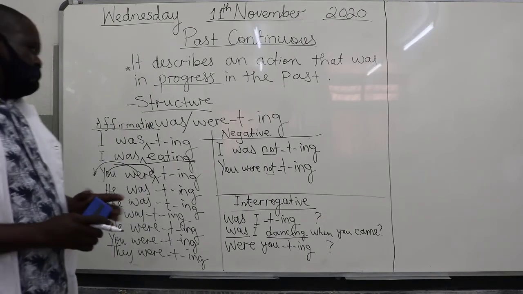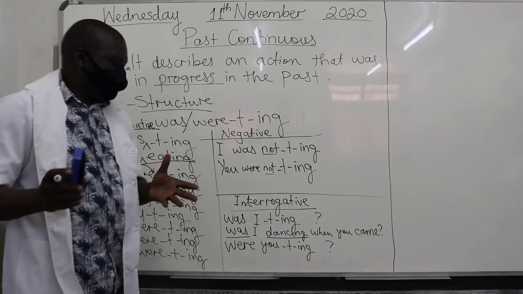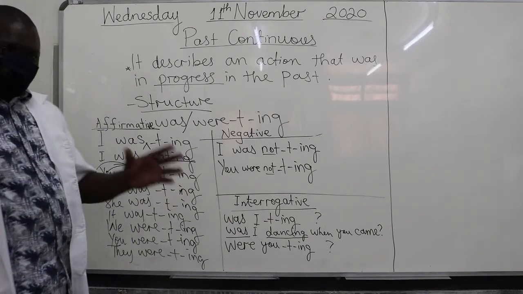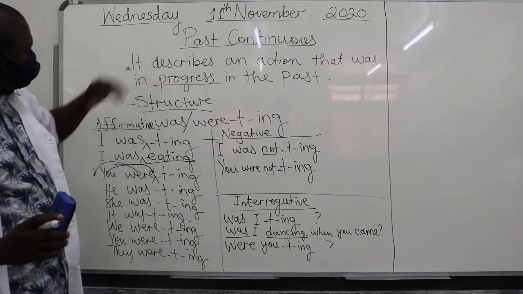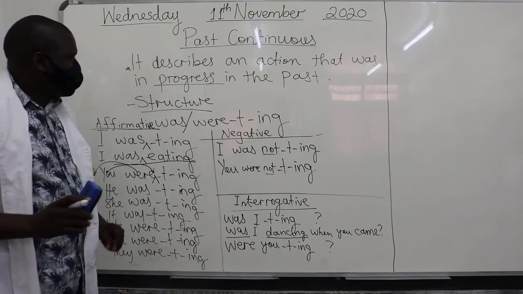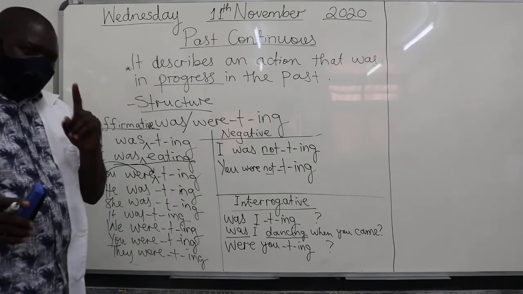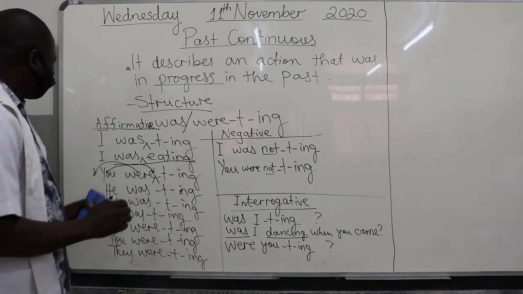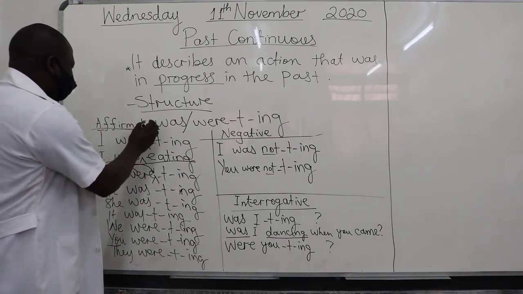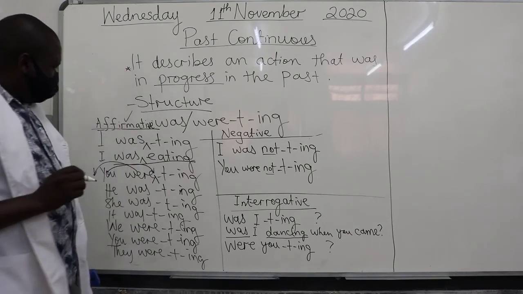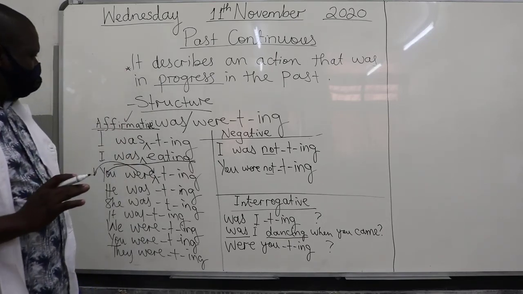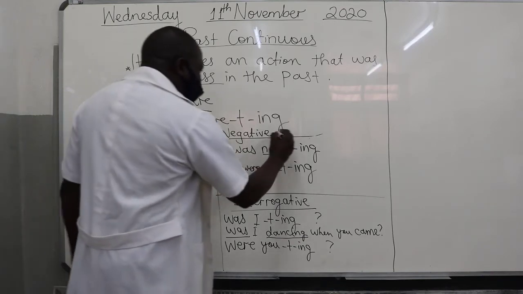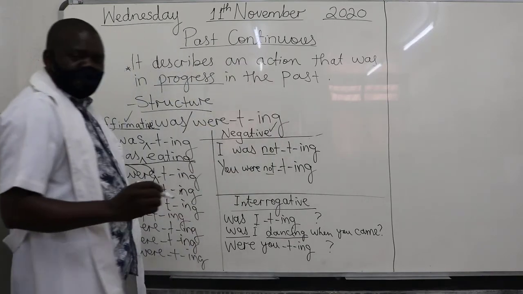So what you're going to do, boys and girls, to show that you have really understood this tense, I want you to write 5 sentences in the affirmative form. Then you write 5 sentences in the negative form.